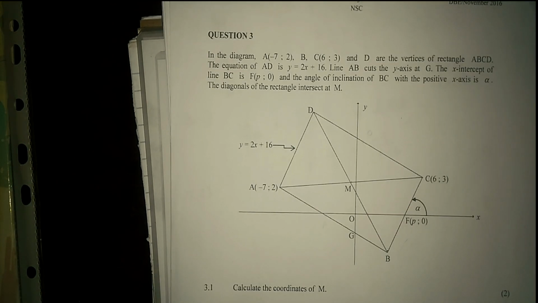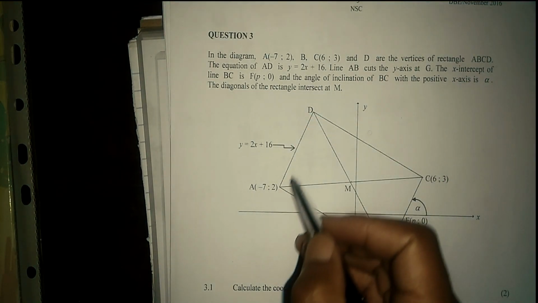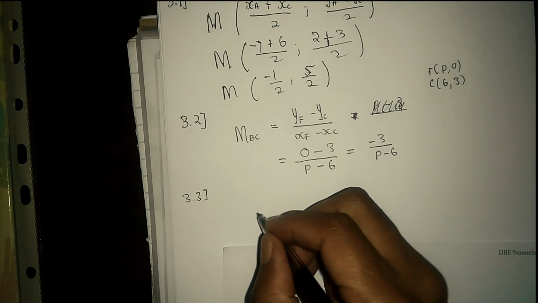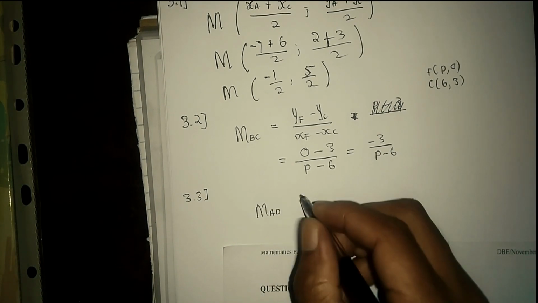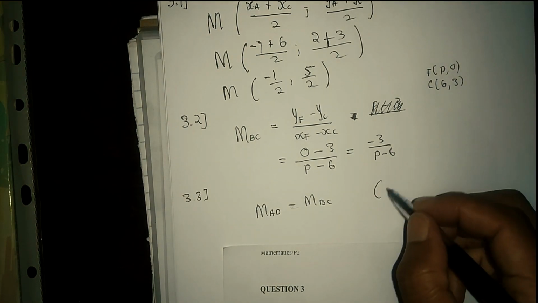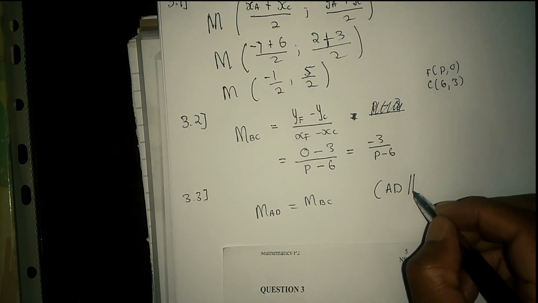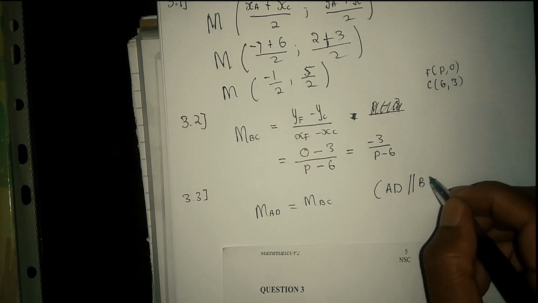In order to calculate P, we need the value of the gradient of BC, since above we calculated it in terms of P. So gradient AD is equal to gradient BC, because side AD is parallel to side BC.